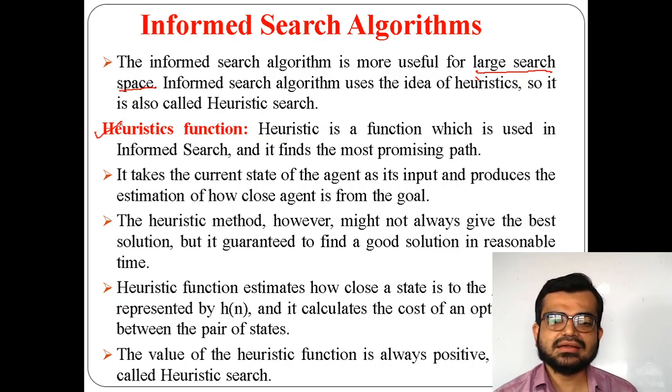It will select the state which is much closer, with less distance. I will give you an example also. In that way it works, and it tries to find the goal state. This method might not give the best solution, but it guarantees a good solution in a reasonable amount of time.